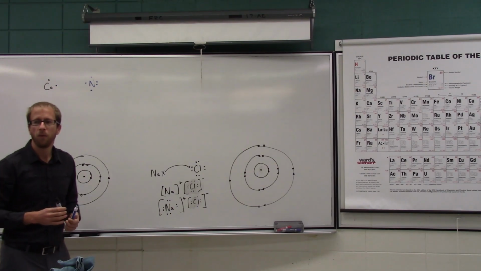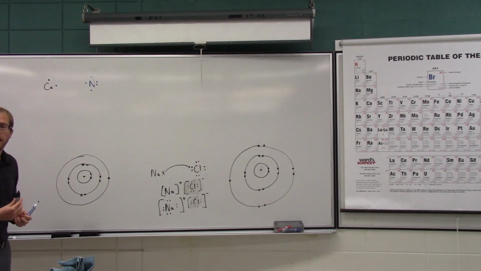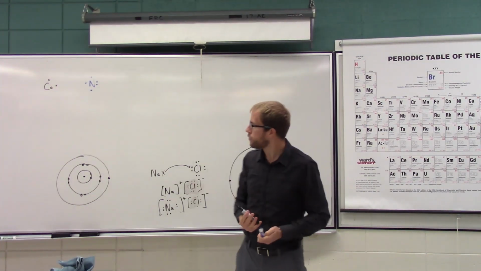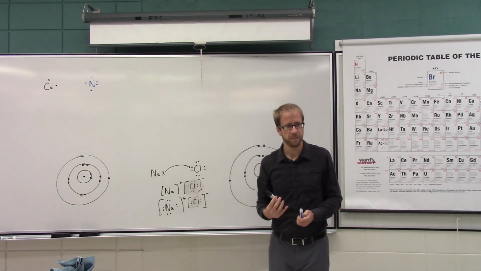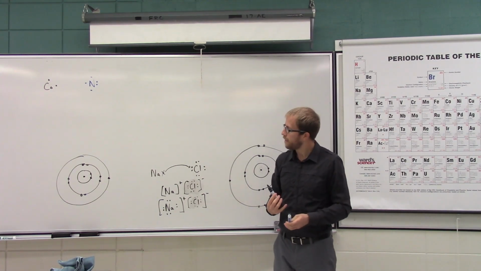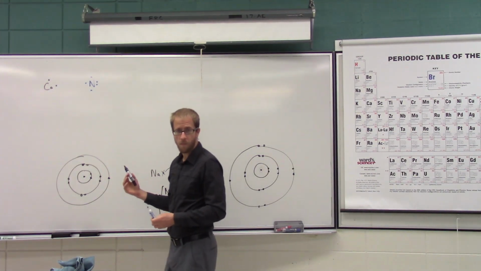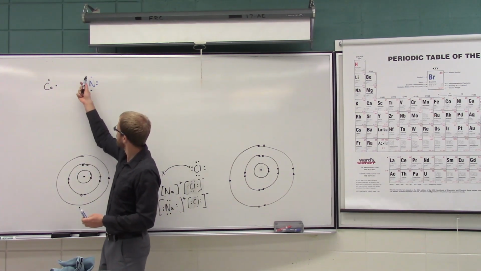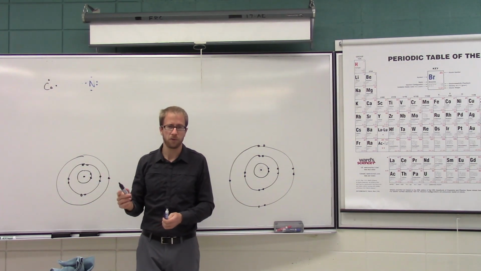Lose 2. Wants to lose those 2 outer electrons, because then it will have a nice full shell. And what does our nitrogen want to do? To be happy, how will it become stable? Gain 3. Yeah, it wants to gain 3 electrons.